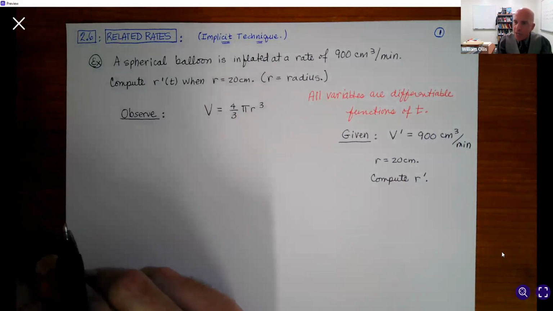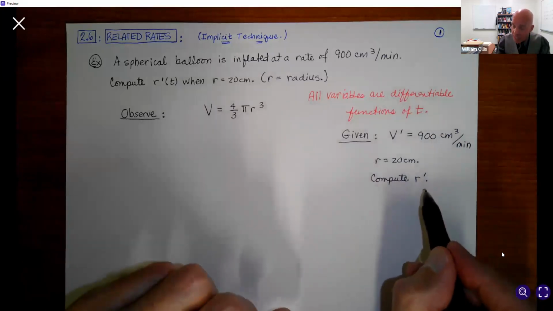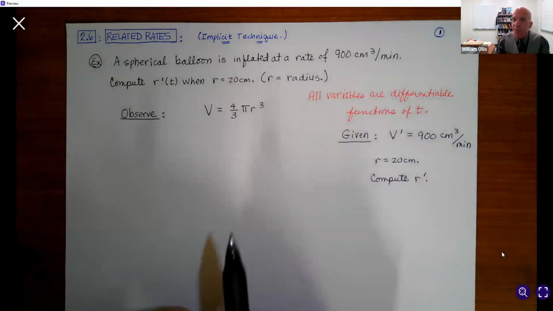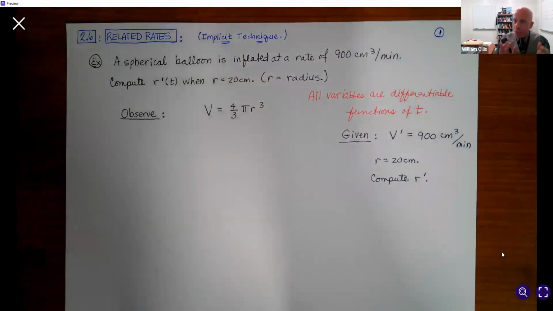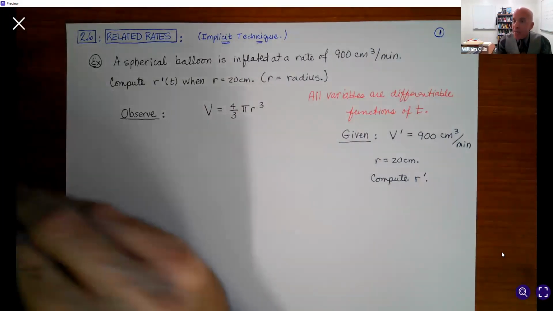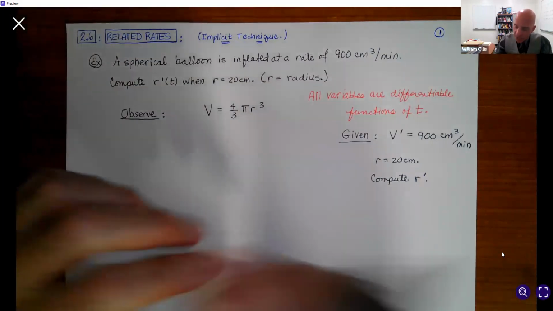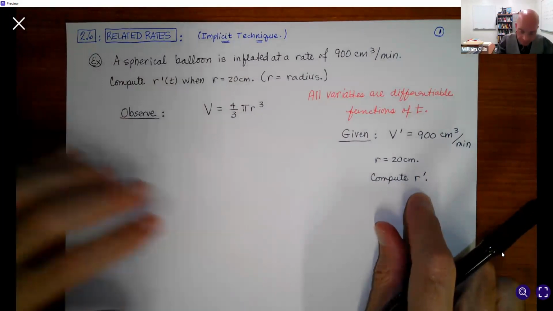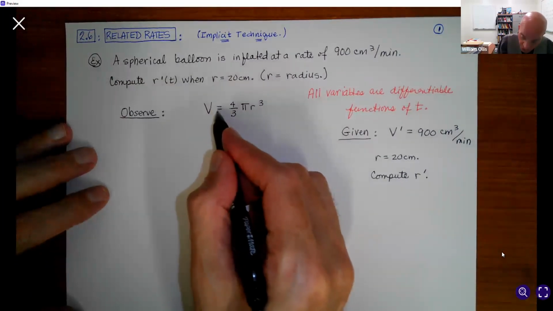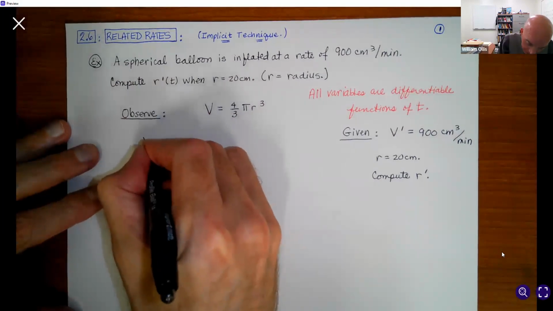Once you differentiate and you solve for the actual object that you need, in this case, R prime, then we can observe what we have and note what we need to actually compute before we actually fill in all of the numbers and do the computation. So now we differentiate implicitly, differentiate both sides. Now I'll formally write this down.